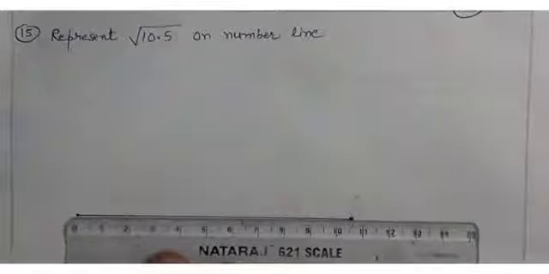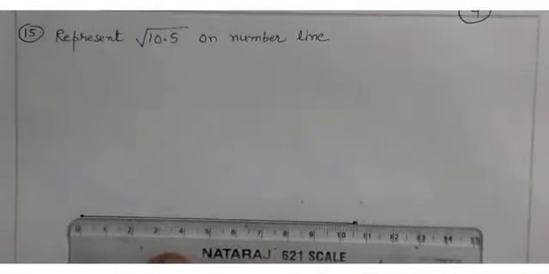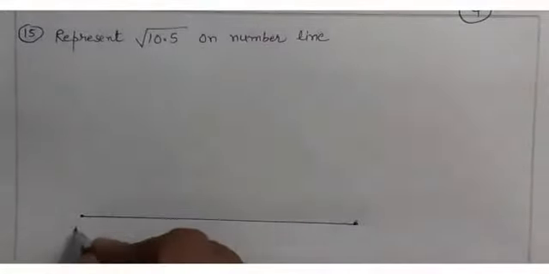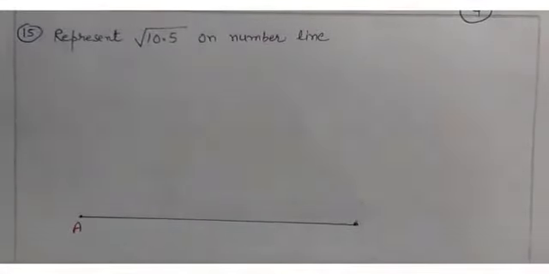Next question is, you have to represent under √10.5 on the number line. We cannot represent it directly. So I am going to draw one line whose length is 10.5 centimeter with the help of a scale. This point A is your 10.5.